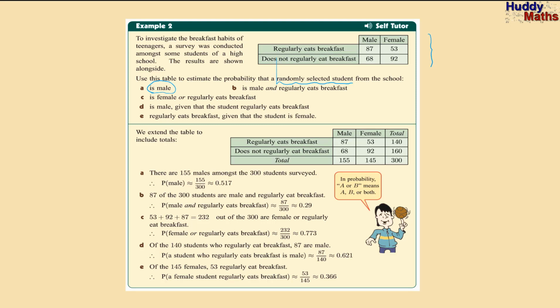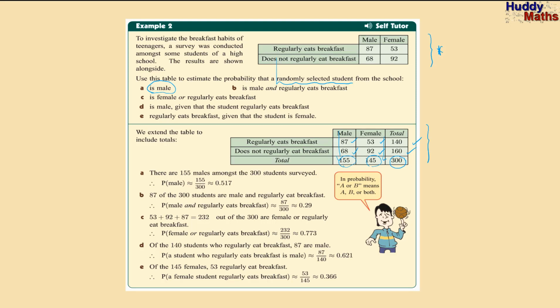Well, let's do some totals. So this is an important adaptation of that original table. So let's add up all the regularly eats breakfast. So that and that come to 140. Does not regularly eat. That and that come to 160. Let's add up all the males coming down this way. There's 155. Females, 145. So whichever way you look at it, we have done a totaling of 300 people.